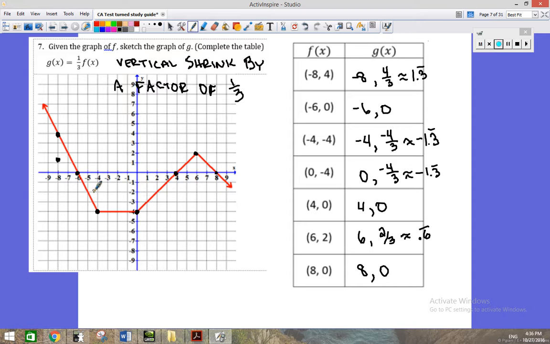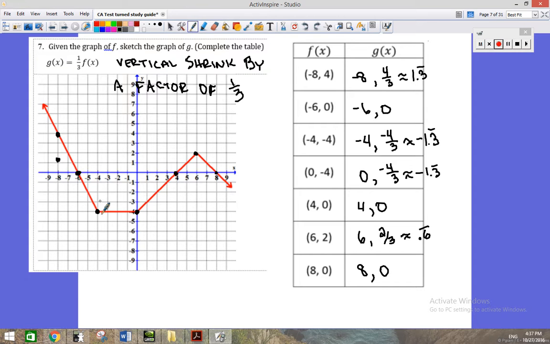And like I say, you'll see that it was a vertical shrink. So negative 6, 0, that's no problem. See, the x-intercept, when you're shrinking towards the x-axis, if you're already on the x-axis, then you don't shrink anywhere. You've reached your ultimate goal there, to be on the x-axis. These guys are coming in, being pushed towards the x-axis.